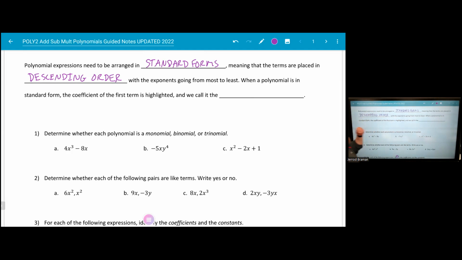When a polynomial is in standard form, the coefficient of that very first term is kind of a unique one. We're going to use this as we go forward too, so you need to understand this concept. This one is called the leading coefficient.